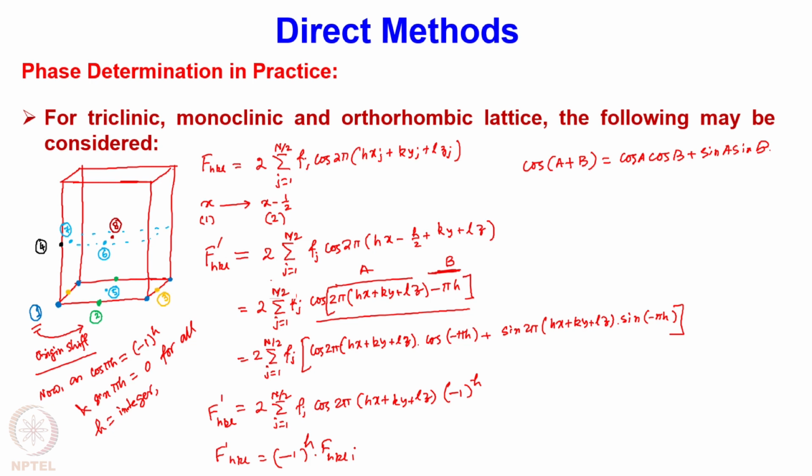So, this particular shift of origin from 1 to 2 will change the sign of F_HKL if h is odd. That is the sign of the phase of F_HKL.